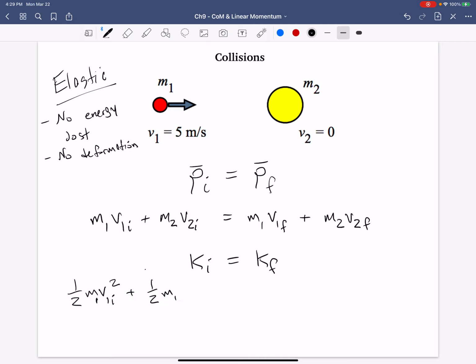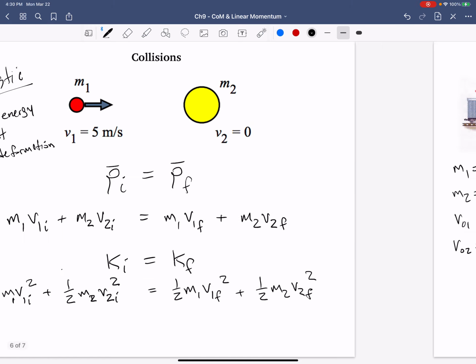So 1/2 m2 v2 initial squared, and the same thing after the collision: 1/2 m1 v1 final squared plus 1/2 m2 v2 final squared. Again, we have two conservation equations for elastic collisions. Both linear momentum and kinetic energy are conserved.